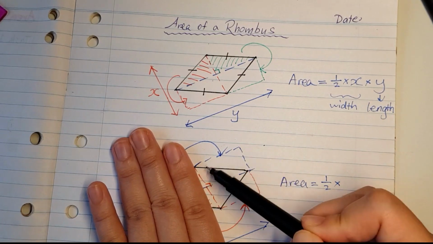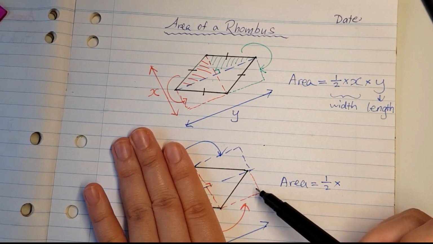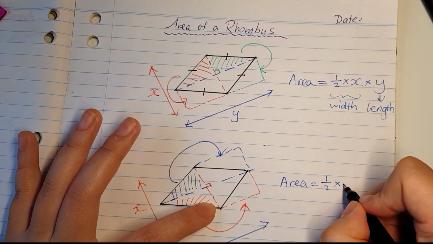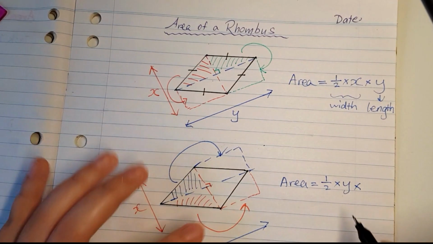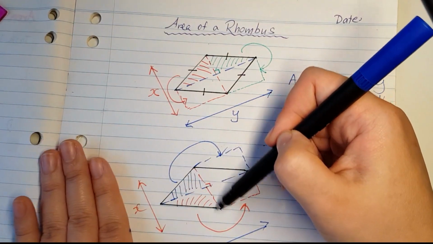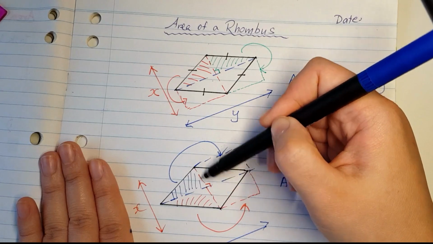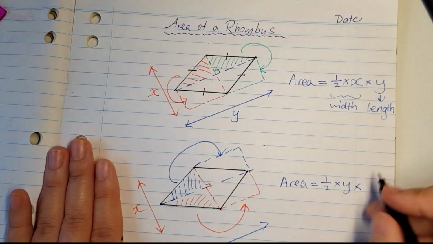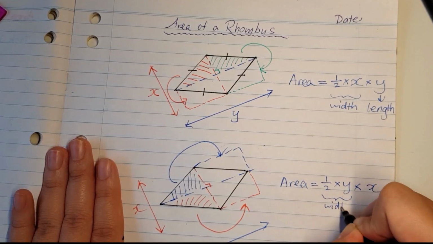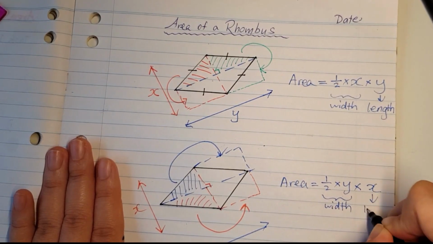In this rectangle, the new width becomes half of Y. So we've got half of Y. And the length of that rectangle is still all of this diagonal, which is X. Okay, so this is your width of the rectangle, and that is your length.